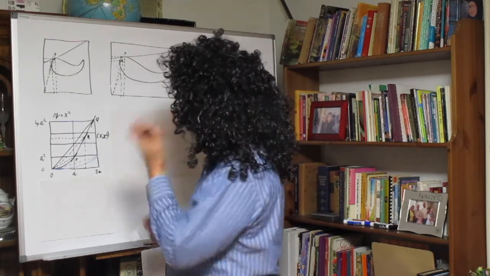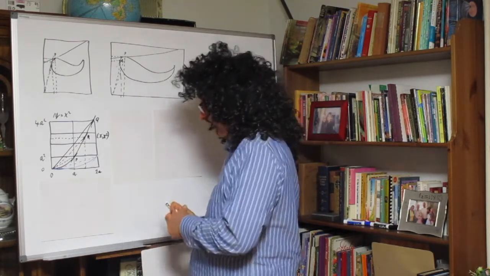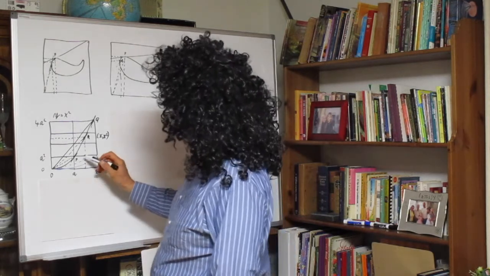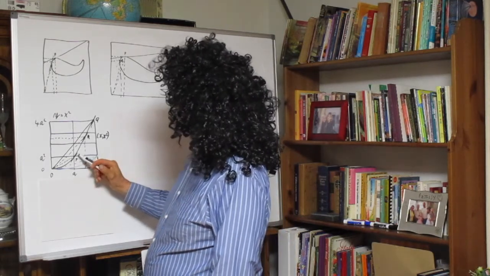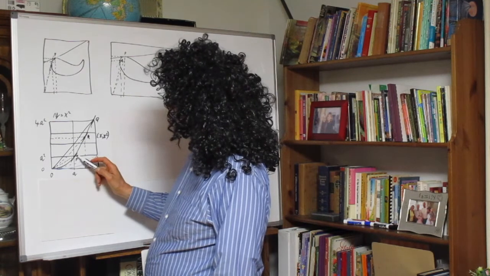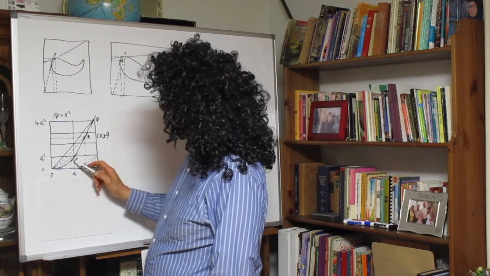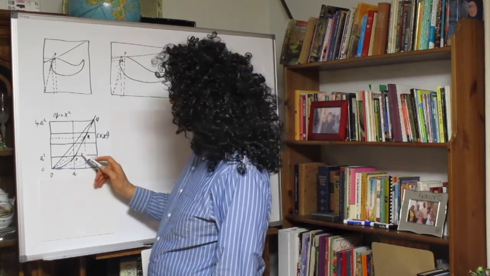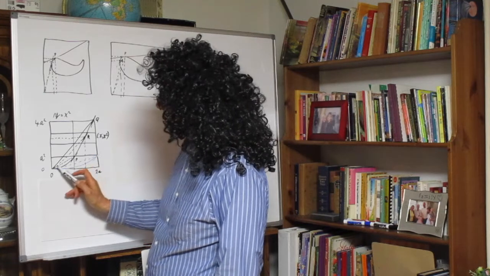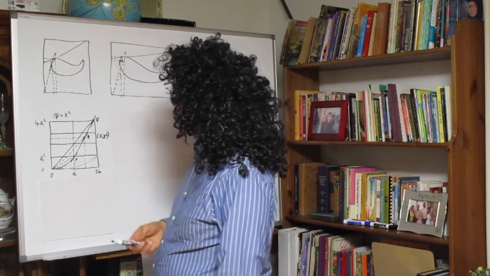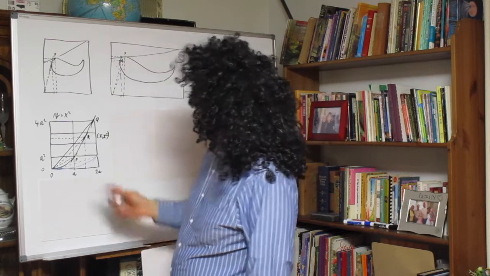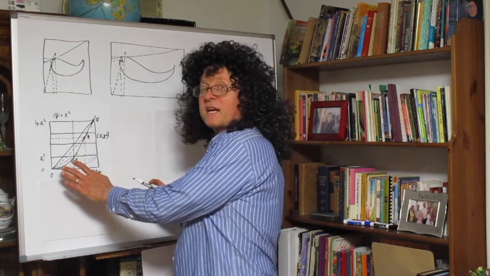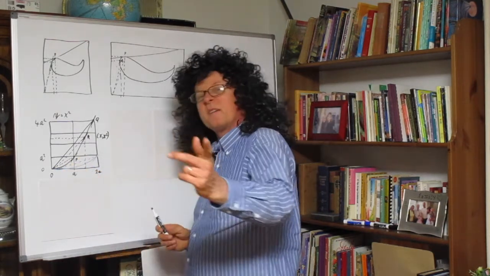Okay. Let's look at this point here. There's a tangent right here. The ratio of this tangent to this diagonal. Let's do some stretching. Rubber band geometry. Can you give me a rubber band?